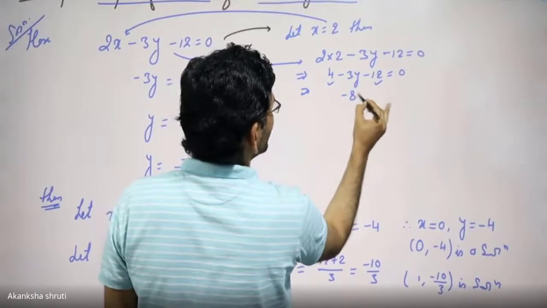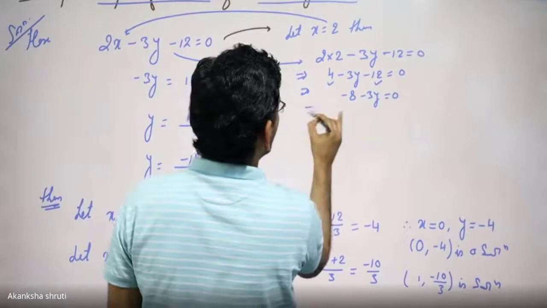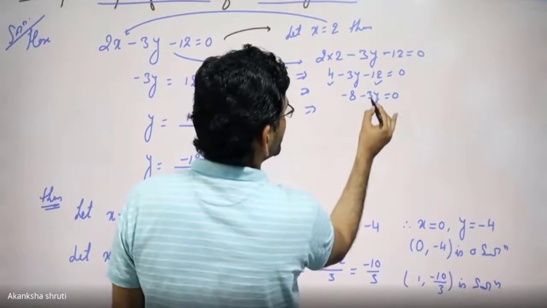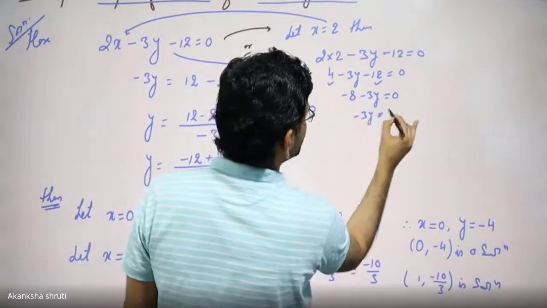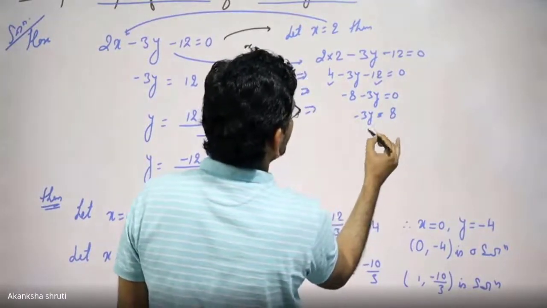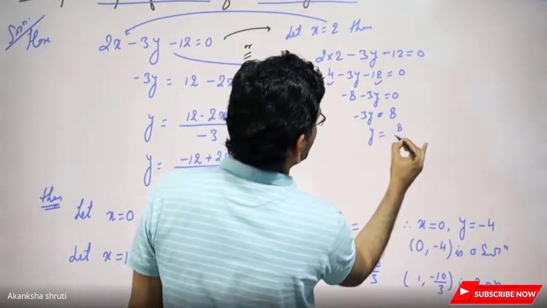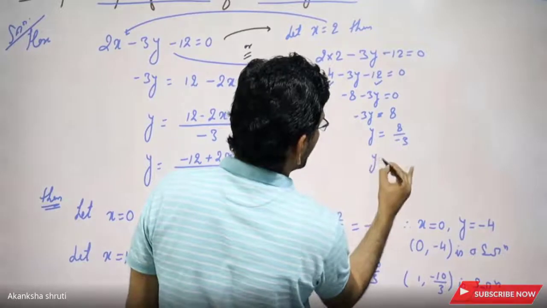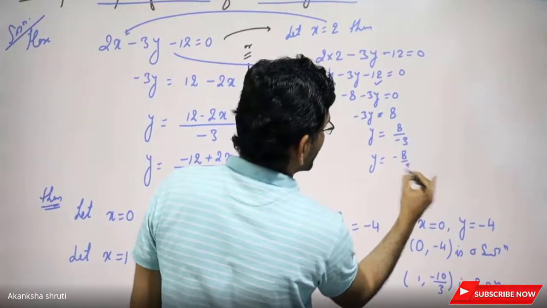So minus 8 minus of 3y equals 0. Now we have to send this 8 to the right hand side. So minus of 3y equals 8, becoming positive. Then this y is 8 by minus of 3. So y value is minus of 8 by 3.